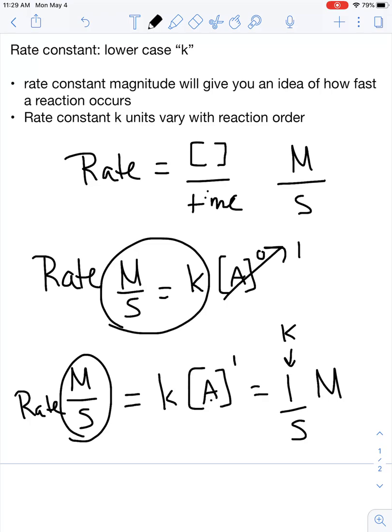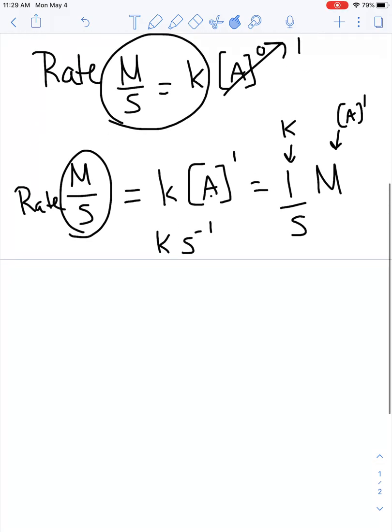You could write the units for k in this case as second to the minus 1. All we're doing is mathematically trying to figure out how our units of rate always end up with molarity per second.